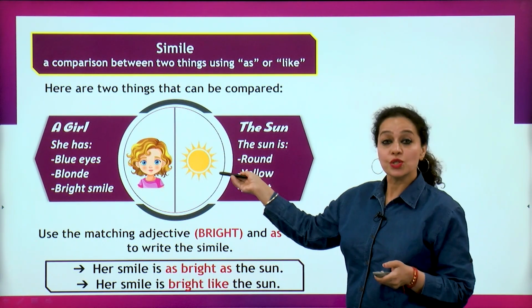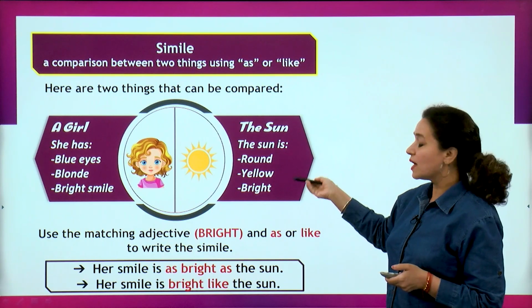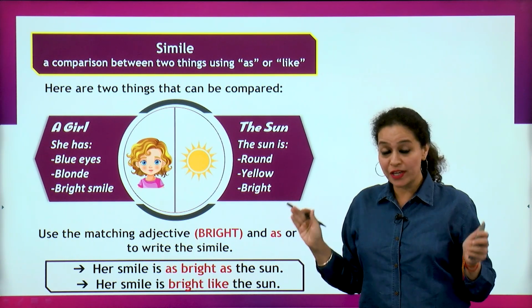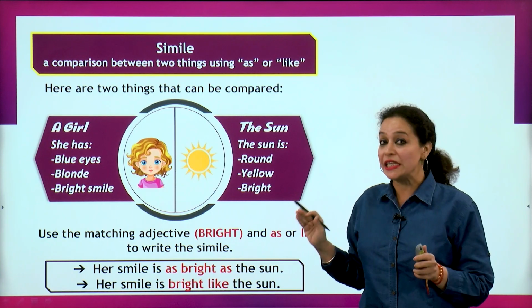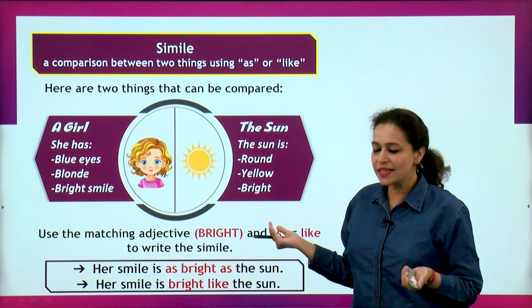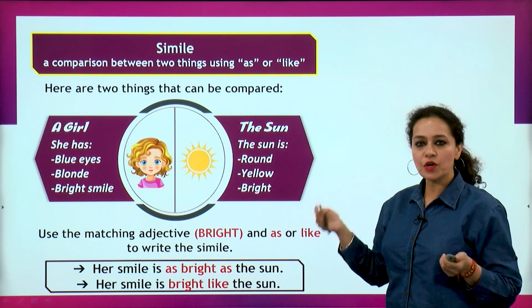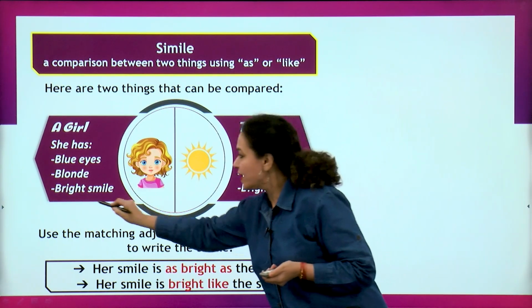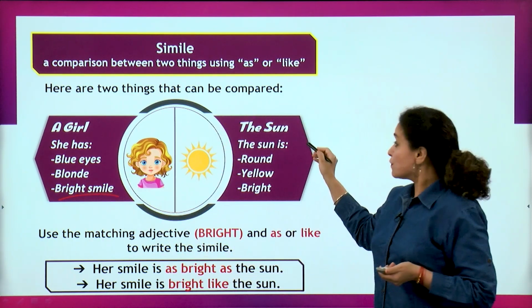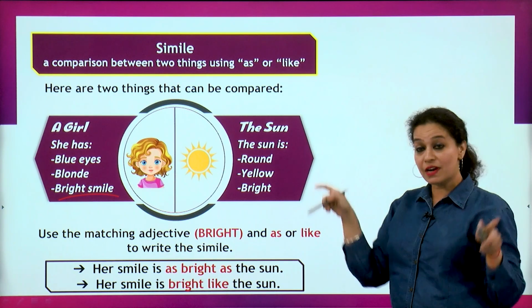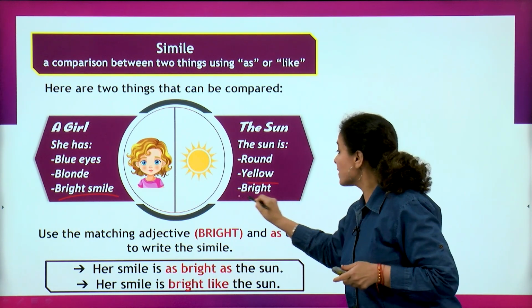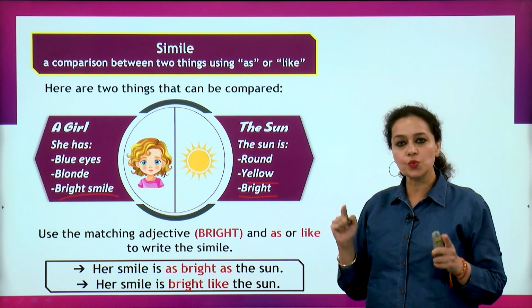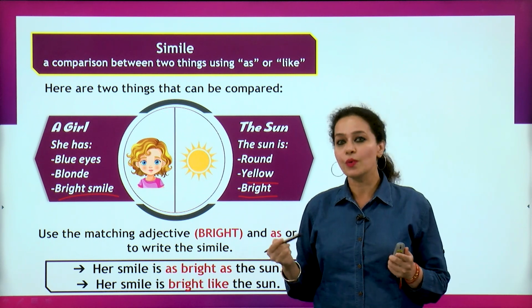Now students, let's have a look at this example. Here you can see 2 things, one is a girl and the other is the sun. As you can see, these are 2 different things, but we will formulate a simile using these 2 objects. How? Let's explore. If we talk about the qualities of a girl, she has blue eyes, blonde hair and a bright smile. And the sun is round, yellow and bright. So we have a common word here, that is bright, and using this word we are going to draft one simile.